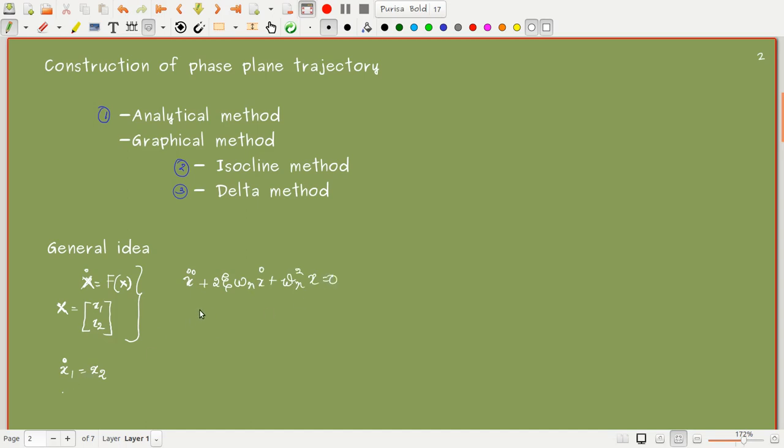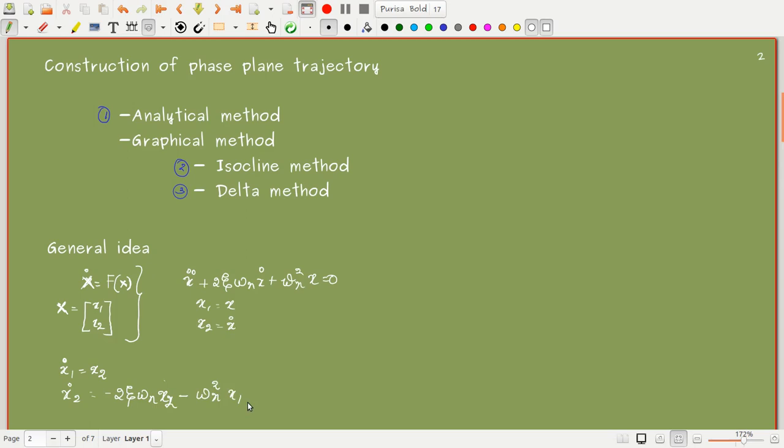We had chosen x1 equal to x and x2 equal to x dot. Therefore, x1 dot is equal to x2 and x2 dot is equal to minus 2 zeta omega n into x2 minus omega n squared into x1.